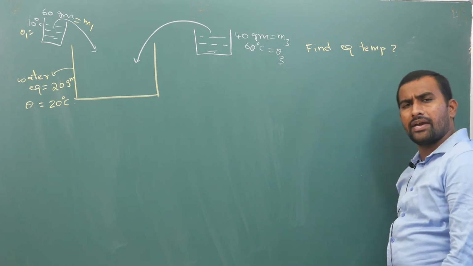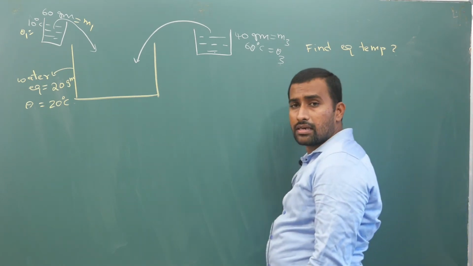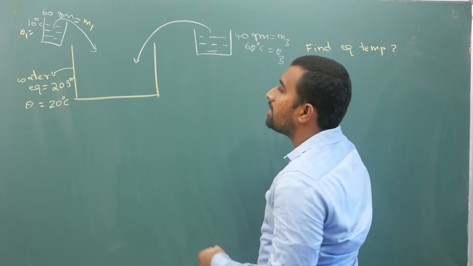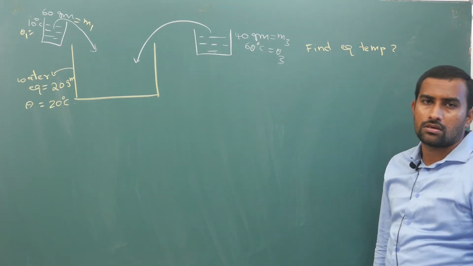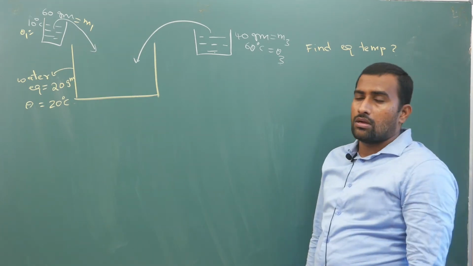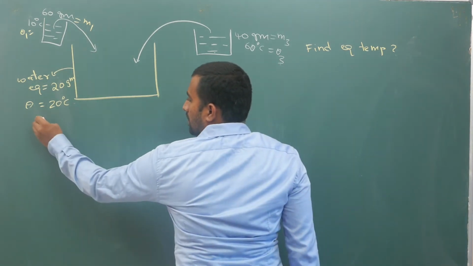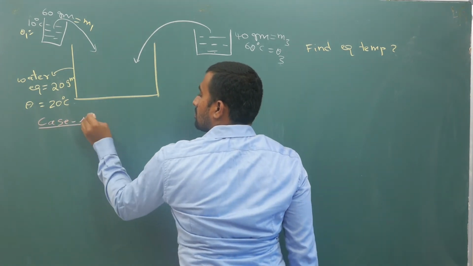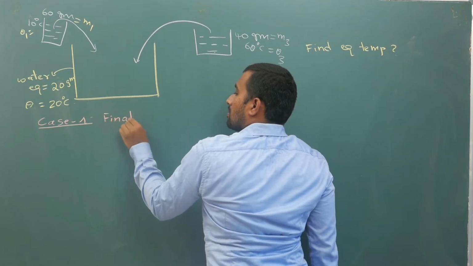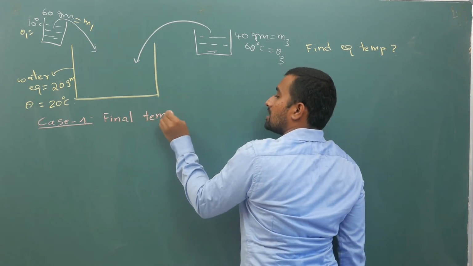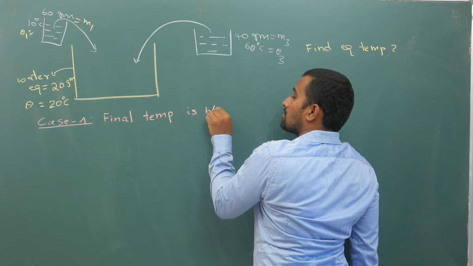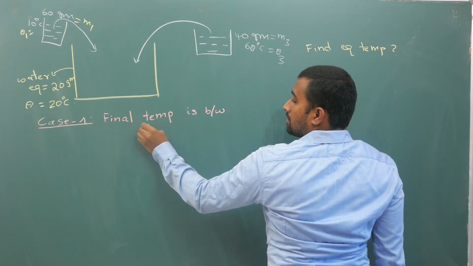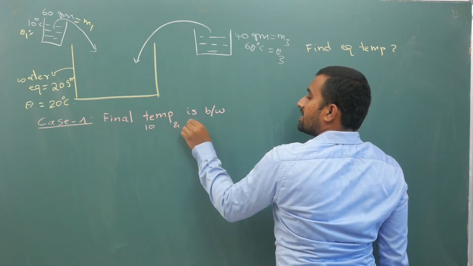Now I think I have given sufficient time for trying it. Now what we are going to do is, two possibilities will arise. One is your case 1, final temperature is between 10 and 20 degrees centigrade.